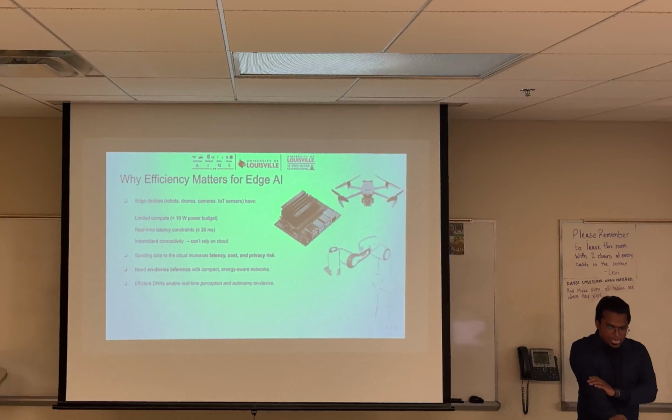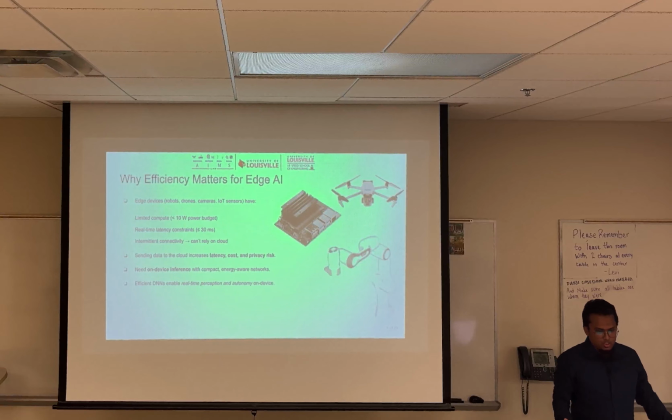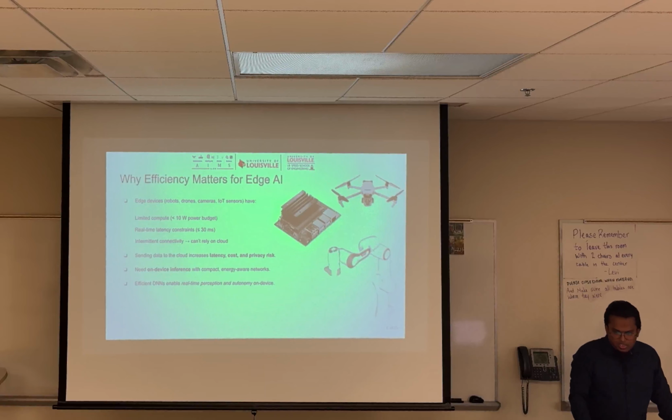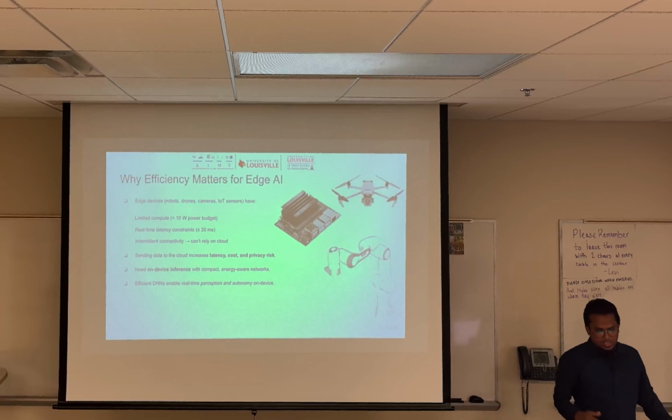Well, as you can see, edge AI runs on robots, drones, cameras, and IoT sensors. These devices are resource conscious, sometimes with less than 10 watts of power and a restricted latency budget of around 30 milliseconds or something like that.